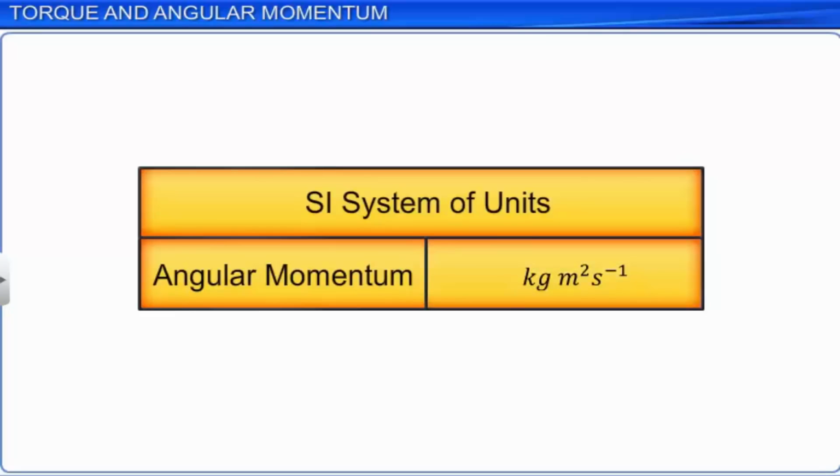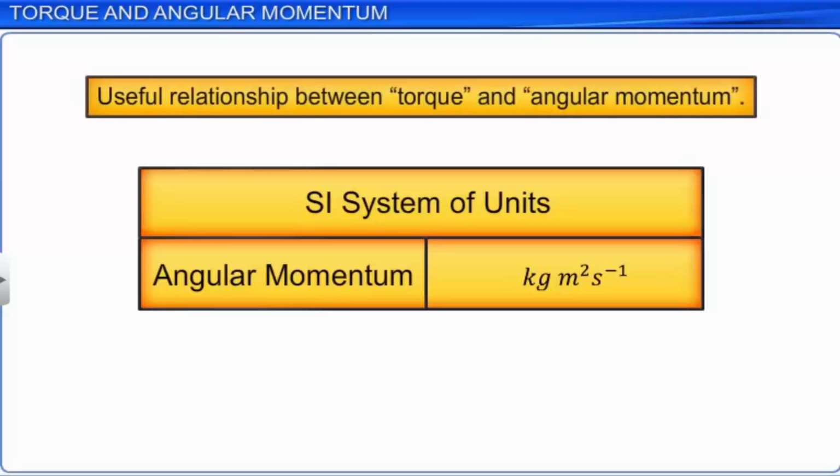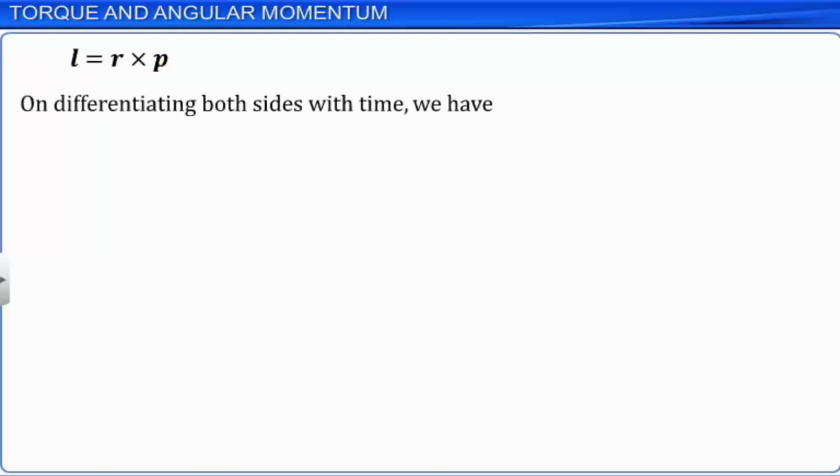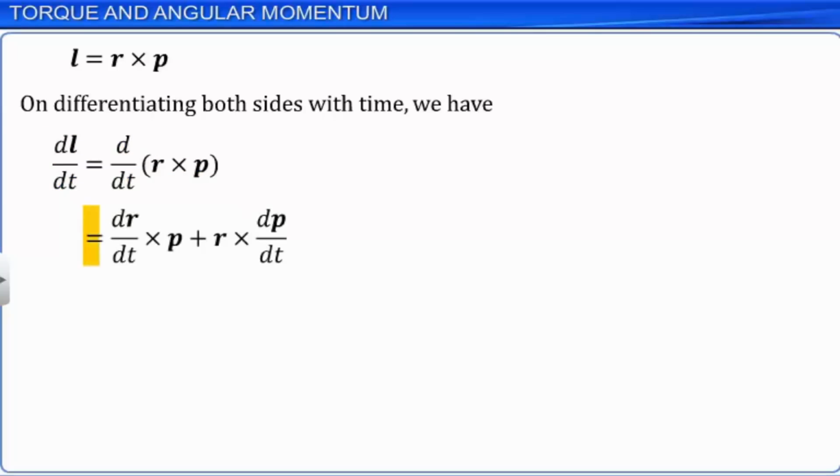We can find a useful relationship between torque and angular momentum. We have L is equal to r cross p. On differentiating both sides with time, dL by dt is equal to d by dt of r cross p, which is equal to dr by dt cross p plus r cross dp by dt.